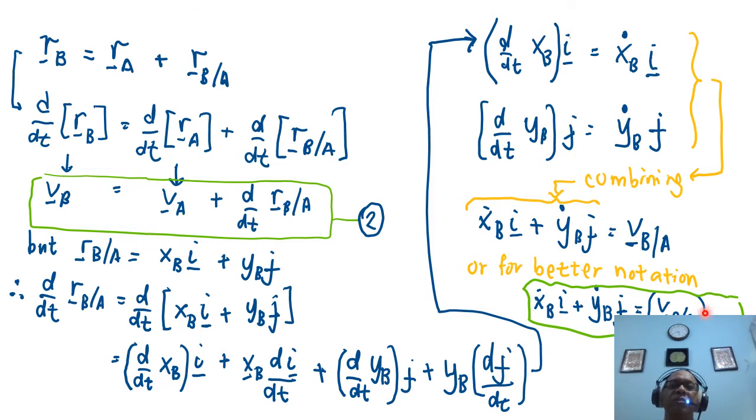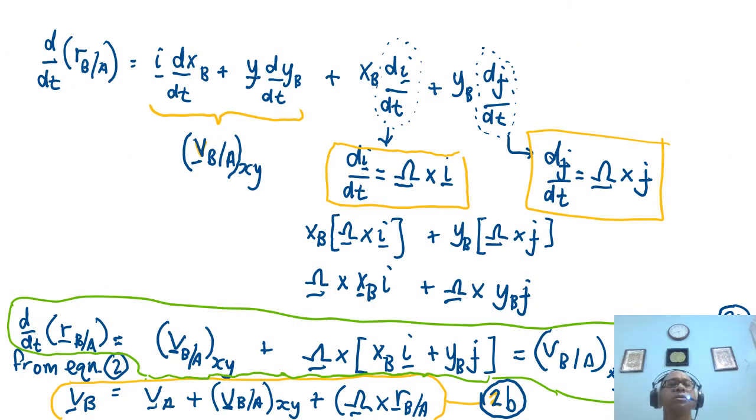So what's next? We have two more terms that we have not evaluated: xb di over dt and yb dj over dt. So we need to look at these terms.